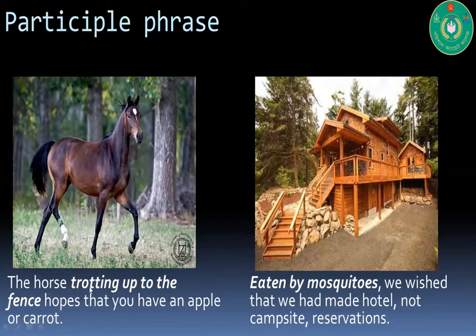So trotting up to the fence is the participle phrase. Eaten by mosquitoes, this is a past participle phrase. We wished that we had met a hotel, not a campsite reservation. So this part, eaten by mosquitoes, is a participle phrase.